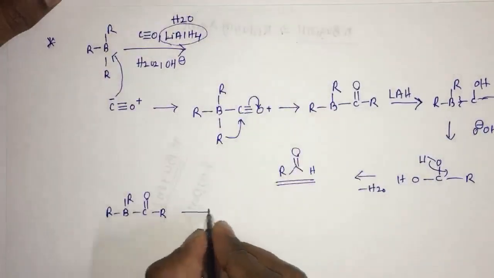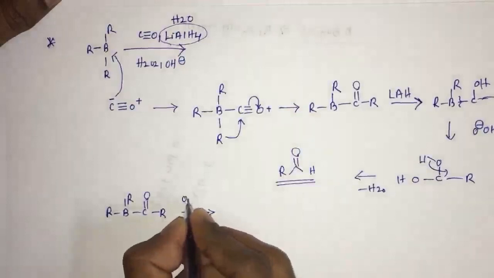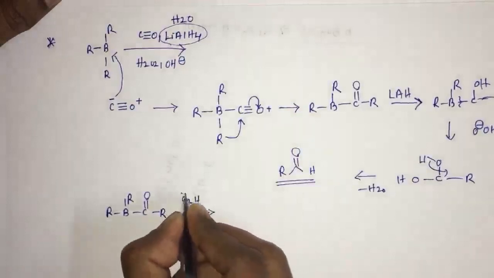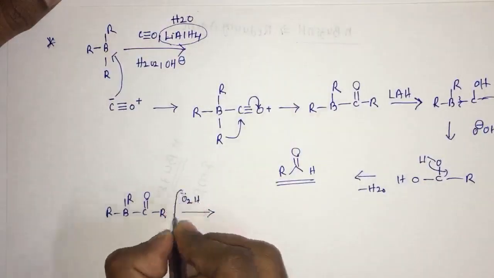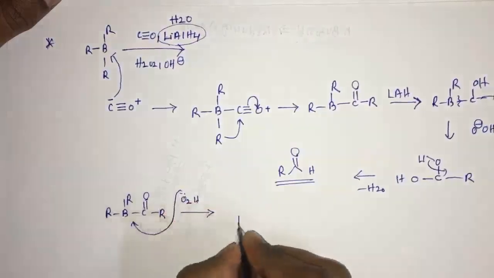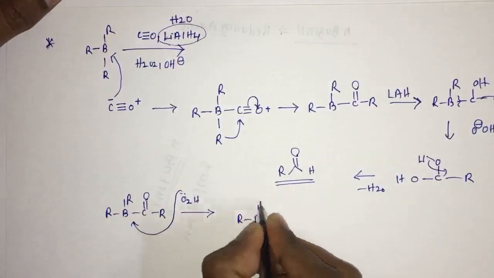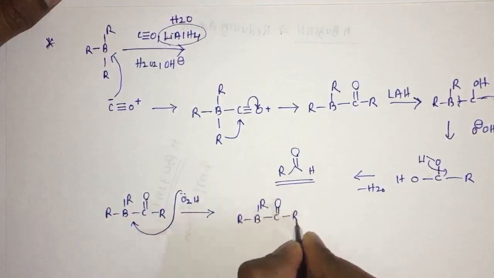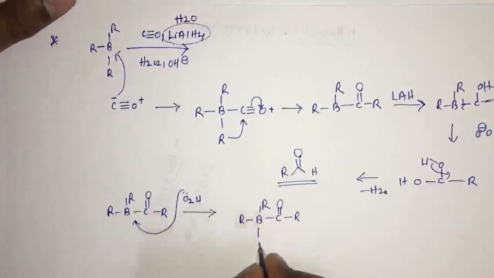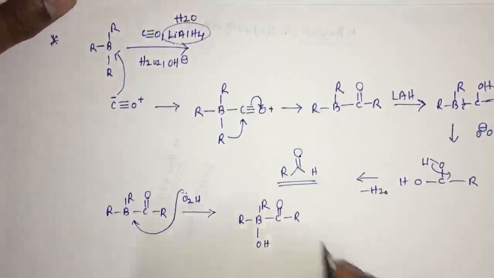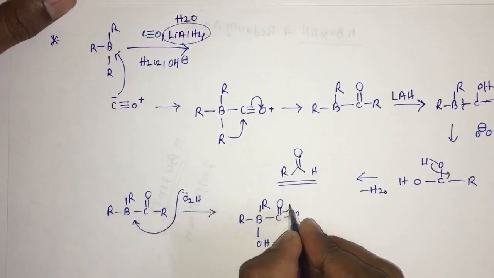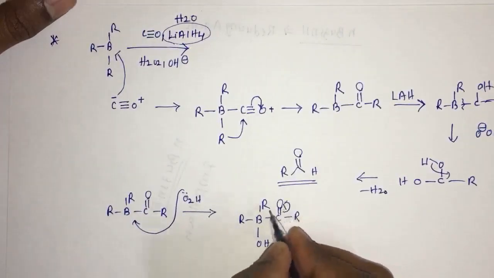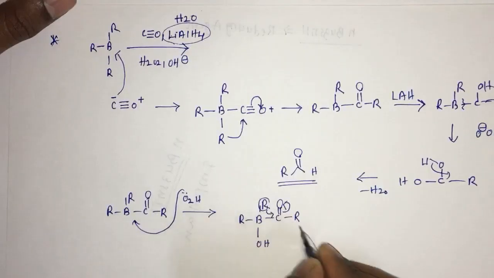Okay, so that water attacks onto the boron. So now R, B, R, COR and OH. Okay, now this bond goes onto the oxygen and this alkyl group goes from here to carbon.